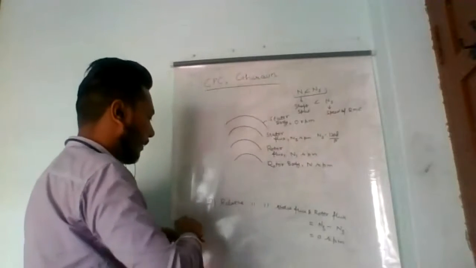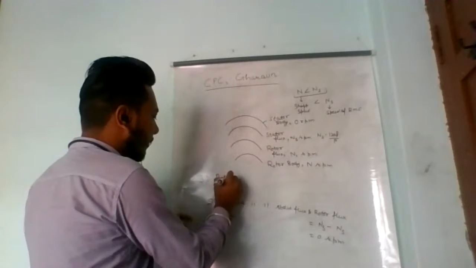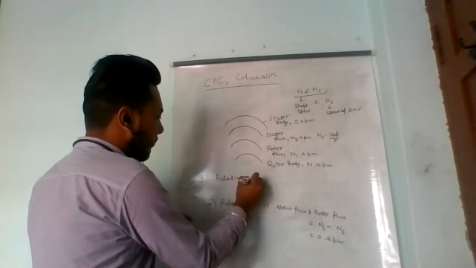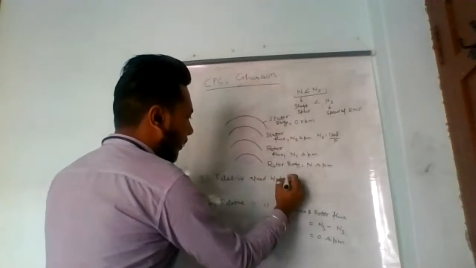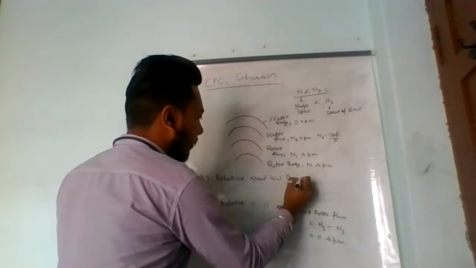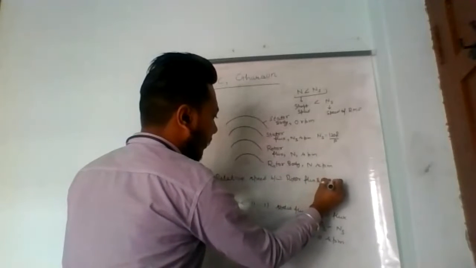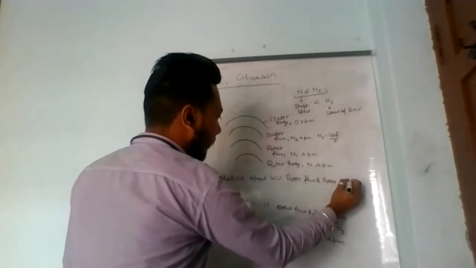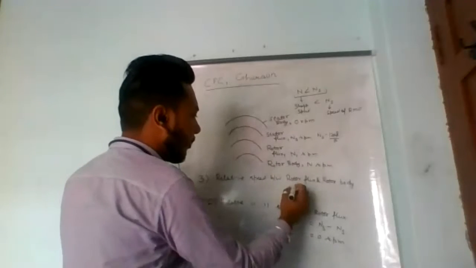Third one is the relative speed between the rotor flux and the rotor body. What is the relative speed between the rotor flux and the rotor body?